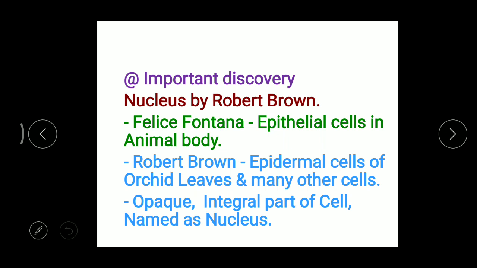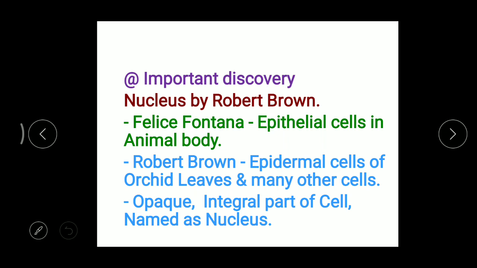But another scientist by name Robert Brown observed the nucleus in epidermal cells of orchid leaves. Epidermal cells means the same kind of tissue present in plants, and in many other cells. He observed a special structure which is opaque.